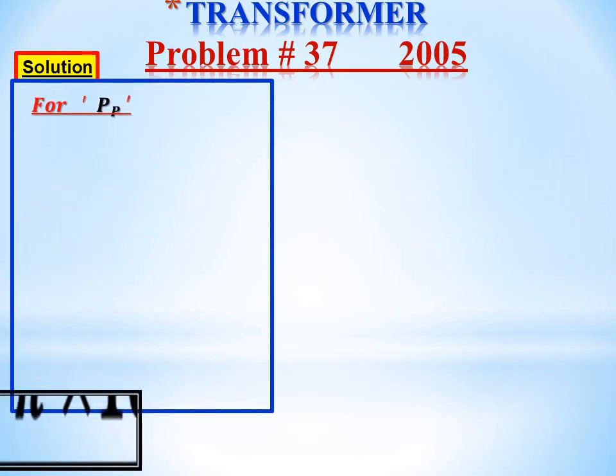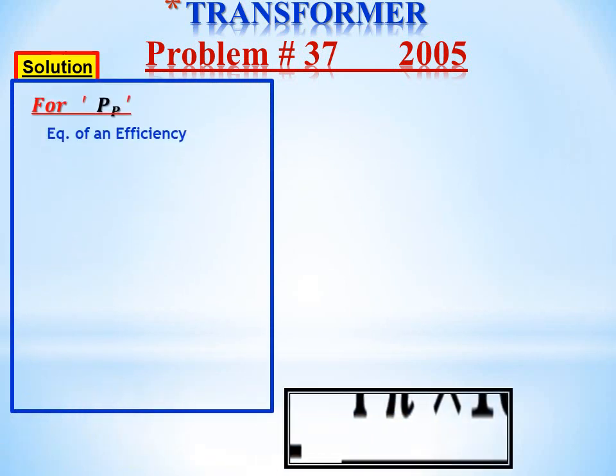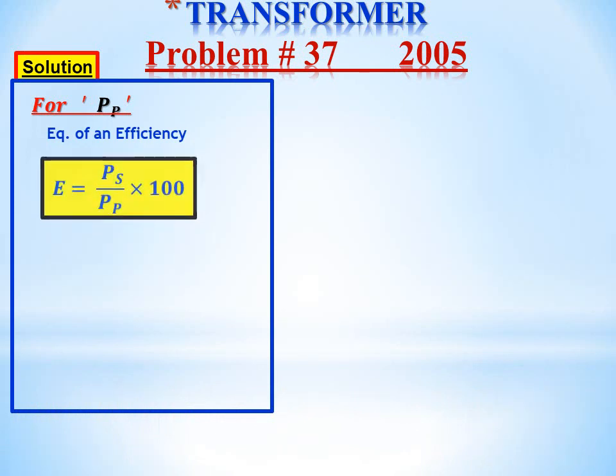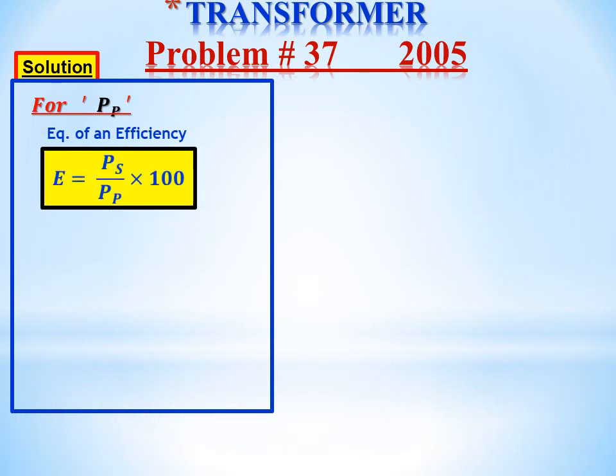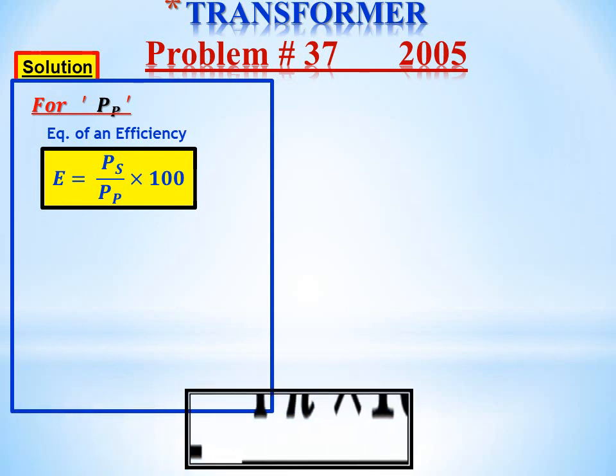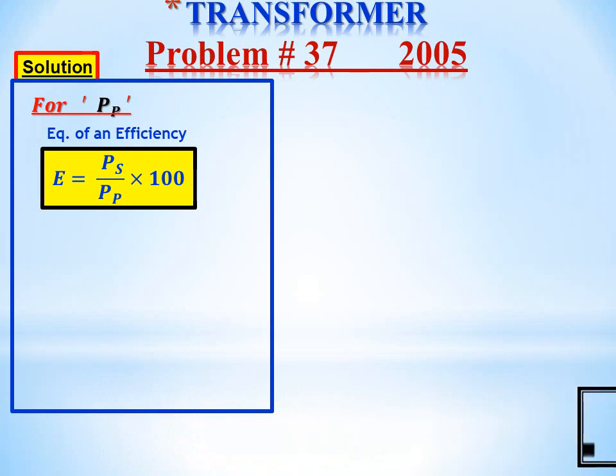Okay, now next thing, for power in the primary coil, we use the equation of efficiency, because we don't have the formula of power directly. We are not provided with the current, only with the voltage, so we can't find power with P is equal to IV or PP is equal to IP VP.